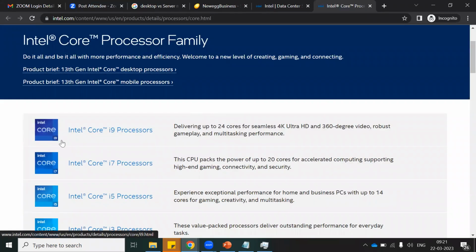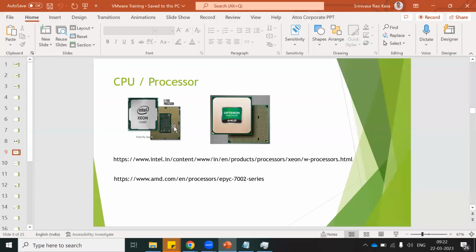Whenever you consider your laptop, you will find my laptop is i5, i7. The server processors are going to be considered as Xeon processors. What is the difference in specification between the server processor and the desktop processor?